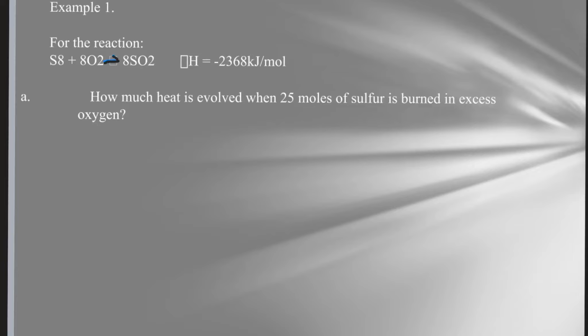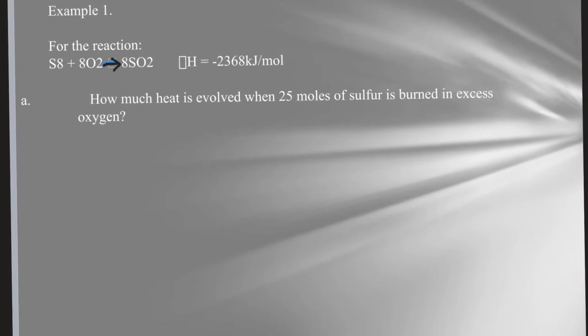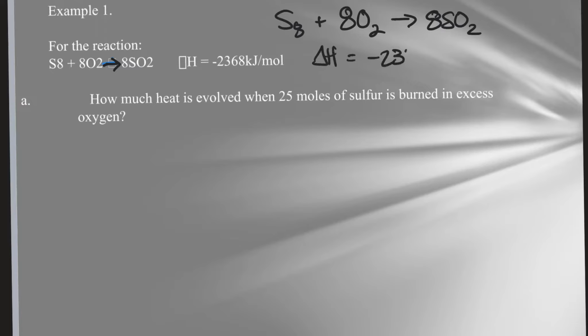It's written as S8 plus 8O2 yields 8SO2. I'll rewrite it here, since it looks funny when it converts. It tells you that the delta H of this reaction is negative 2,368 kilojoules per mole.